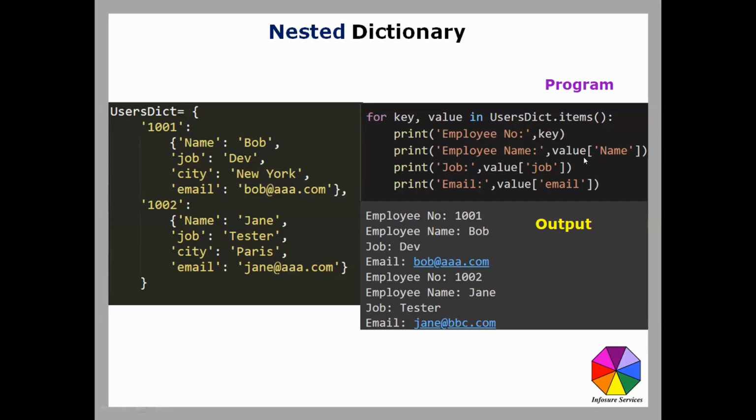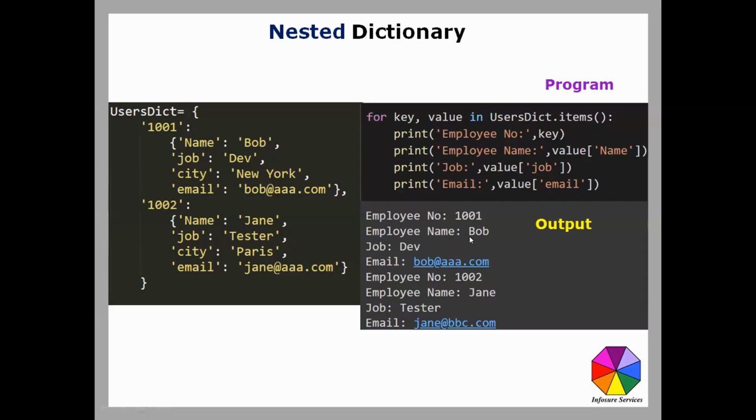Now to access the value of that inner dictionary, let's say I want to access the name Bob. It is this value, and you use a square bracket to go to the value of the inner attribute. You can also call the inner dictionary's key, so the value of the key name, the value of job.